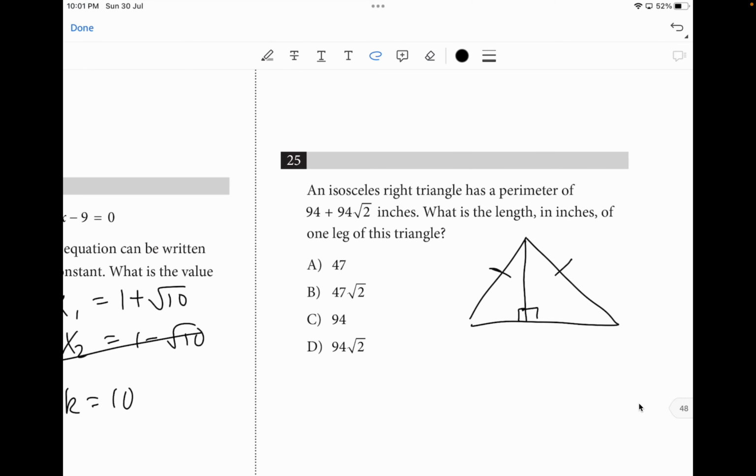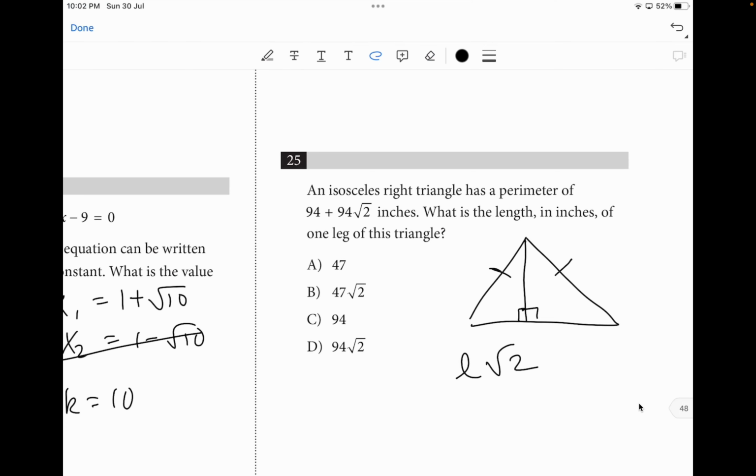So let L represent the length in inches of each leg. It follows that the length of the hypotenuse is L square root 2 inches.